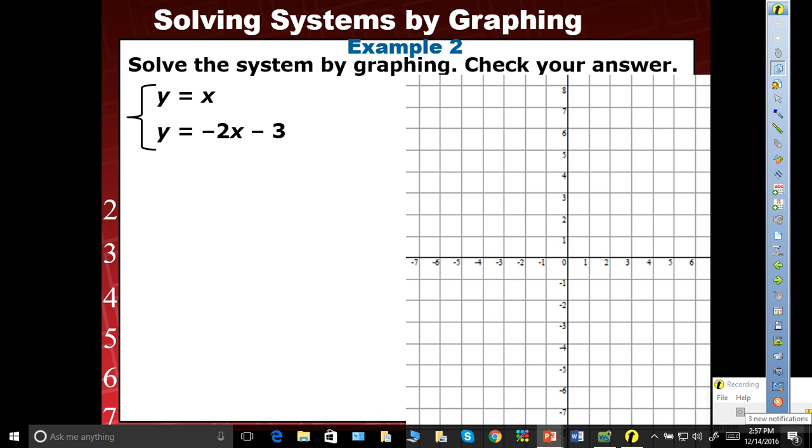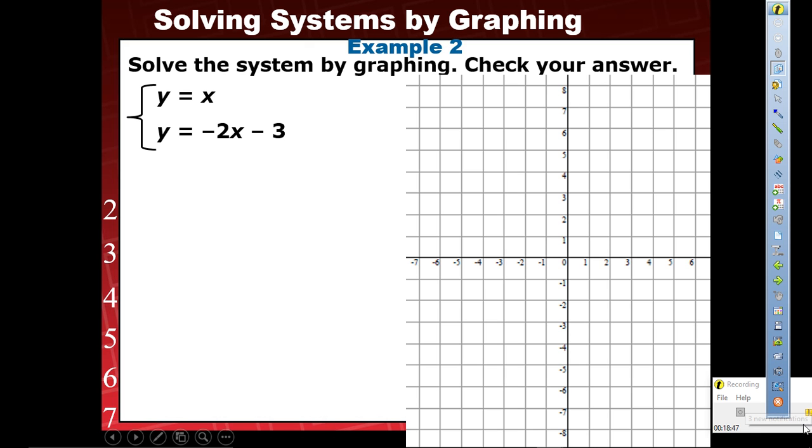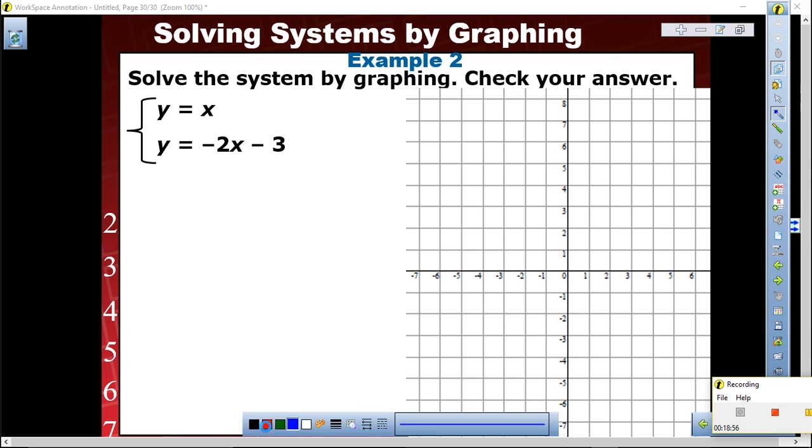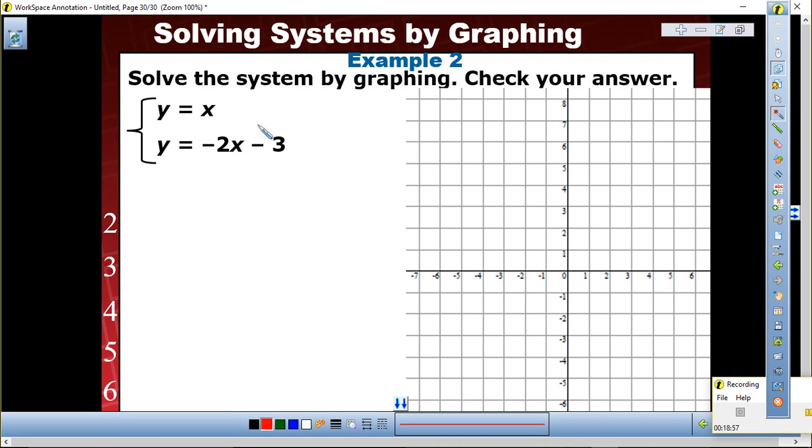Okay, let's see. Okay, Maya. What was our y-intercept for that first equation? Sure.